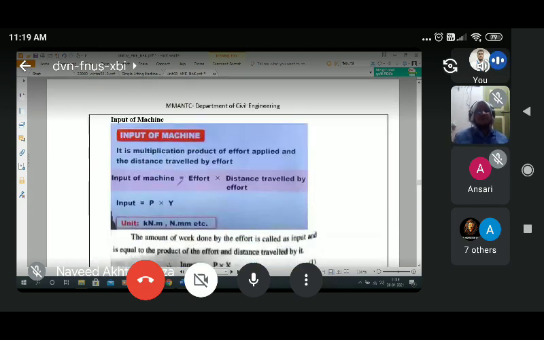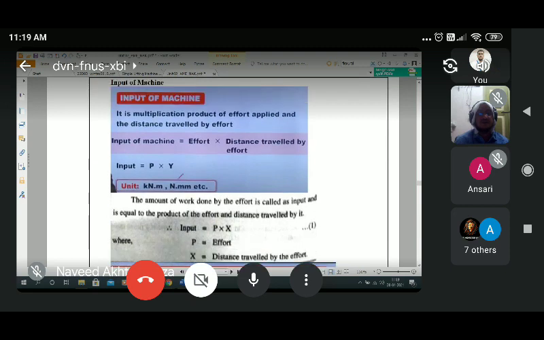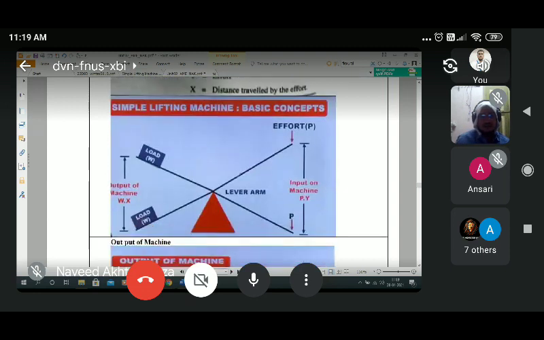Before going to efficiency, we'll see the input of the machine. What is the input of a machine? It is the product of the effort applied and the distance traveled by the effort. Yesterday we also saw this example.